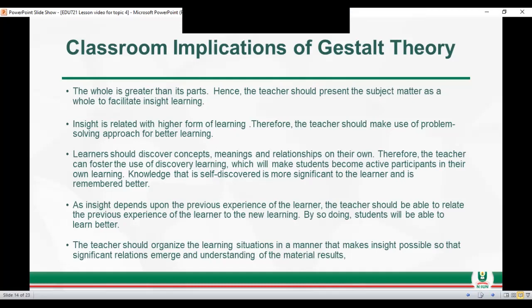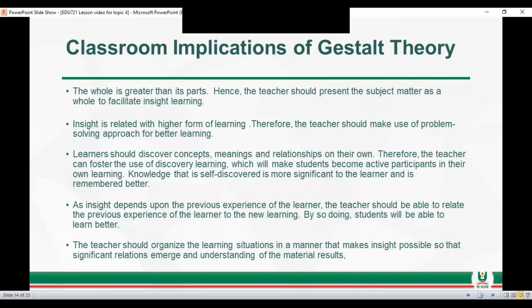You can then teach the various parts of that plant. Even though what you want to teach is parts of a plant, you should try to bring the whole plant. It may not be a very large plant, just some small plant. Let the students feel the wholeness of that plant.